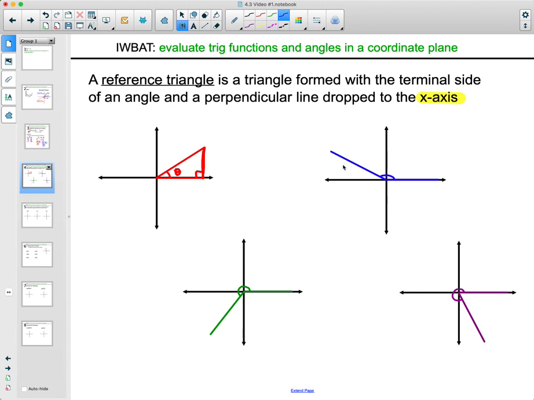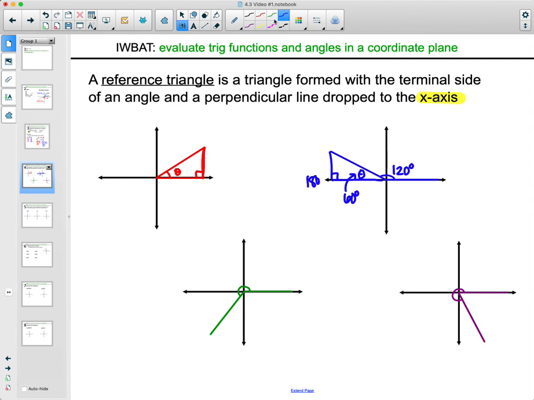When we get into the second quadrant, an angle between 90 and 180 degrees, here's the terminal side, dropping a perpendicular to the x-axis gives you a reference triangle here in the second quadrant, and this is your reference angle. So this angle would maybe be like 120 degrees. Remember this is 180, so this reference angle here would be 60 degrees.